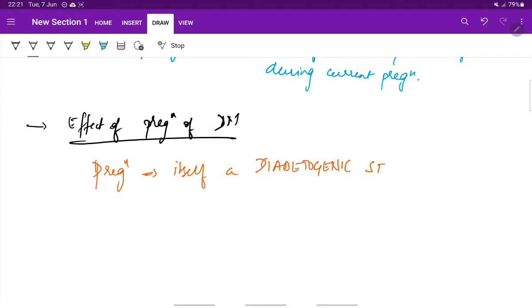The factors responsible for this include human placental lactogen and steroids like cortisol, and also progesterone.